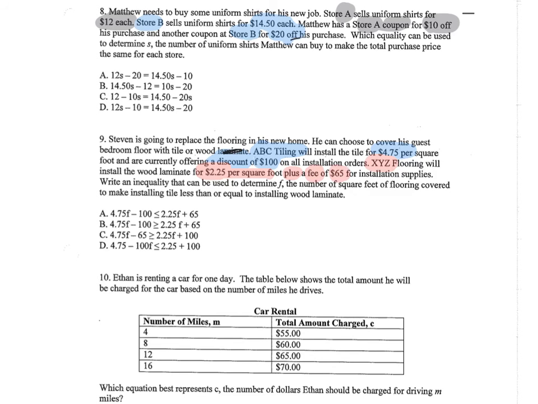Fees are always by themselves, of $65. So we need an inequality that can be used to determine F, the number of square feet of flooring covered to make installing tile cheaper. So the ABC tile, we want that to be less than or equal to the wood.